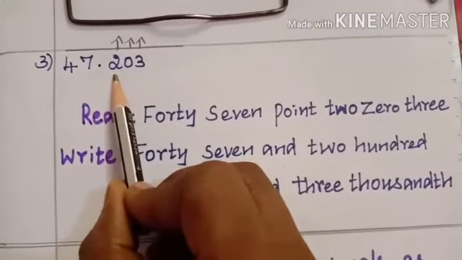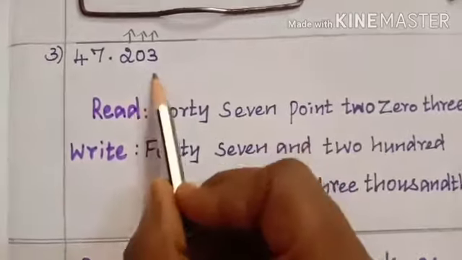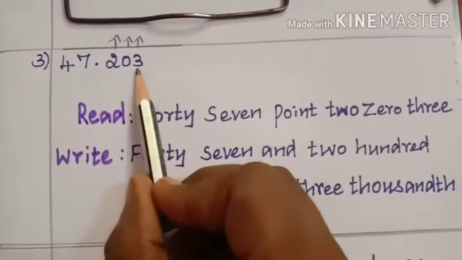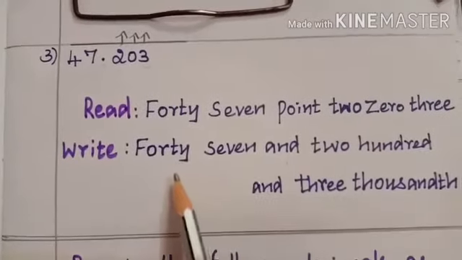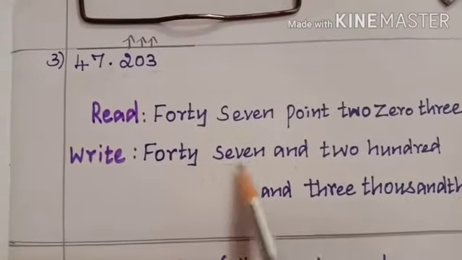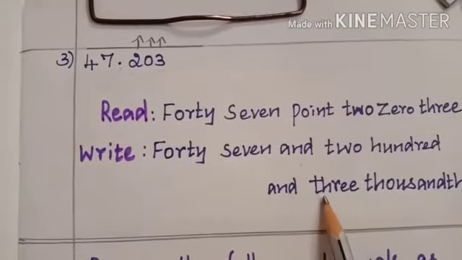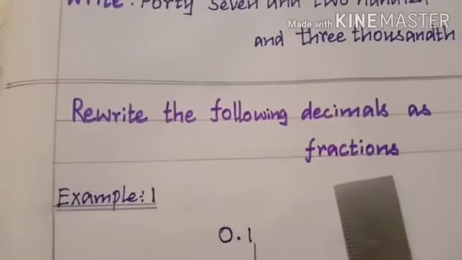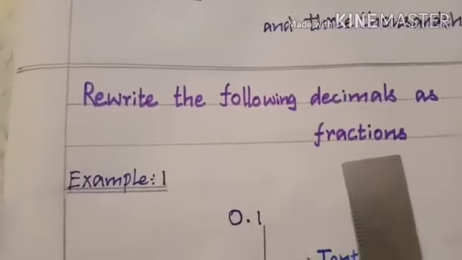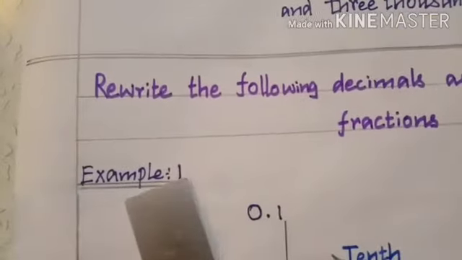After the decimal point, the place value starts from tenths, hundredths, thousandths. So what is the place value of 3? Yes, good, that is thousandths. So we have to write 47 and 203/1000. Now let us learn how to write the decimals as fractions.